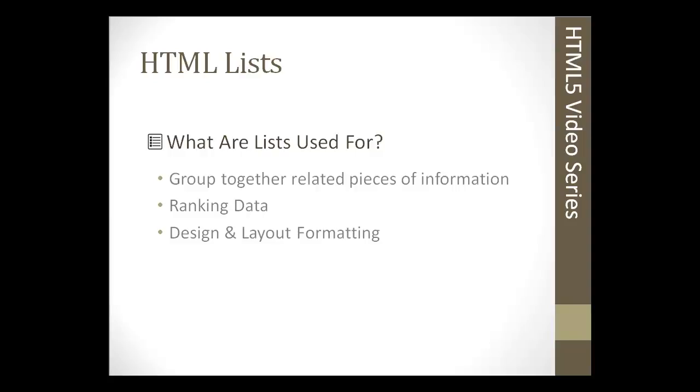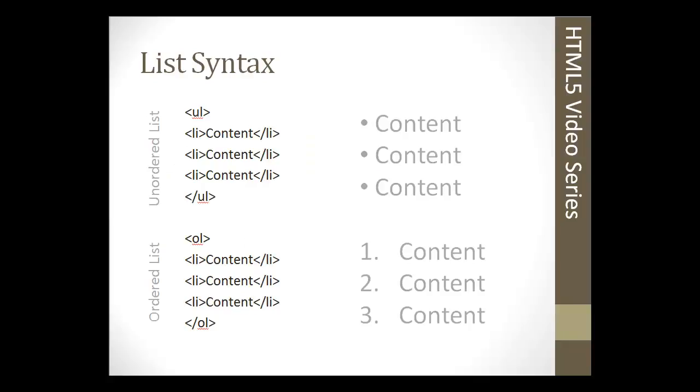So lists work out very well for design and layout formatting. Even images, a lot of times I'll have a set maybe of 3 images I want displayed across a website, and I'll put each image inside of a list and I'll just float it, and it's a nice horizontal layout of images. So it can be used for many different types of layout and formatting.